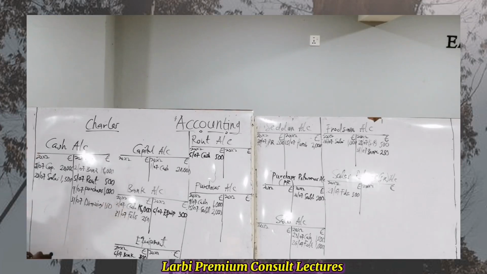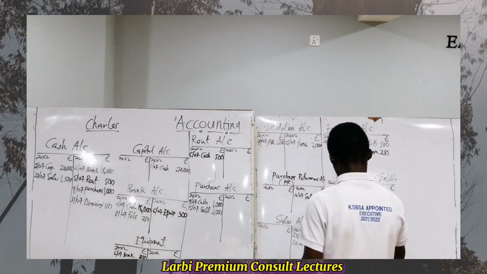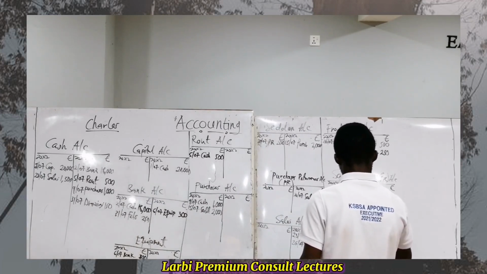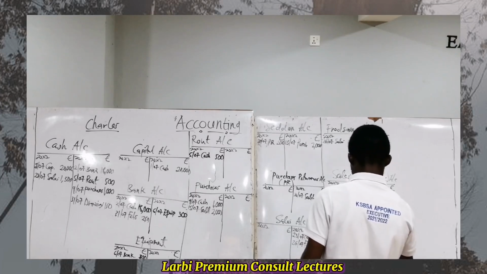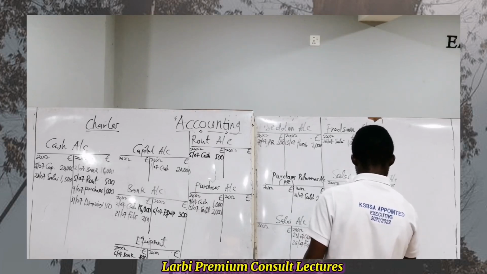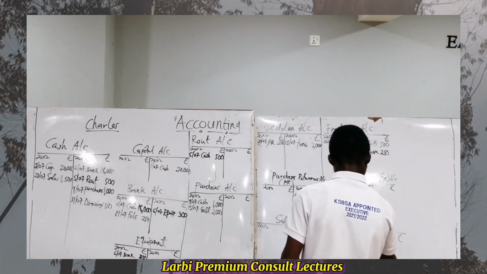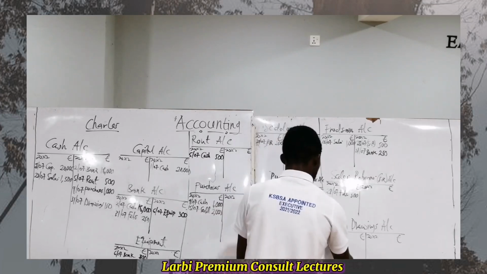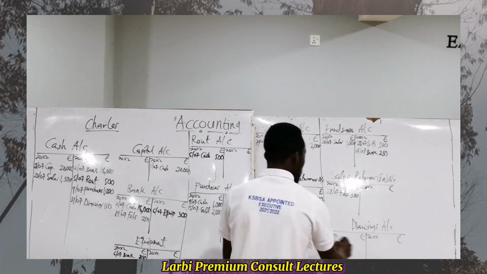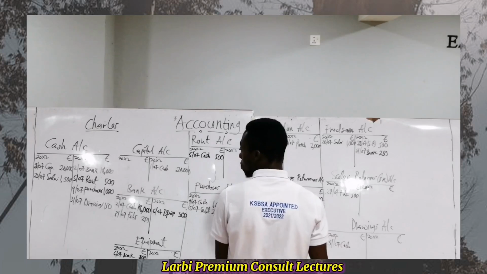And then you open drawings account, you reflect that. So you're going to debit drawings account. 31st of July, drawings account, in the name of cash, which was 150.